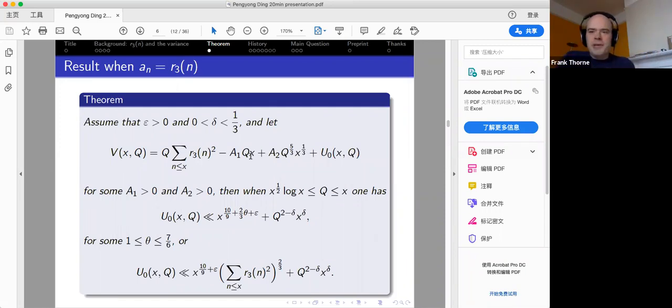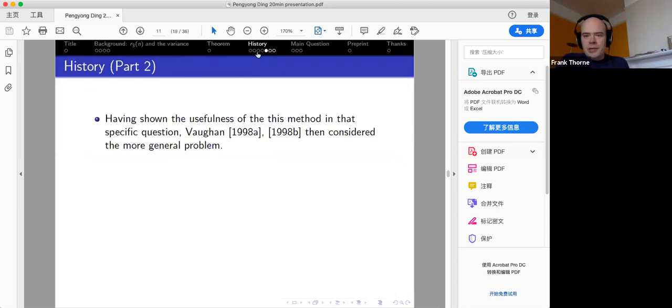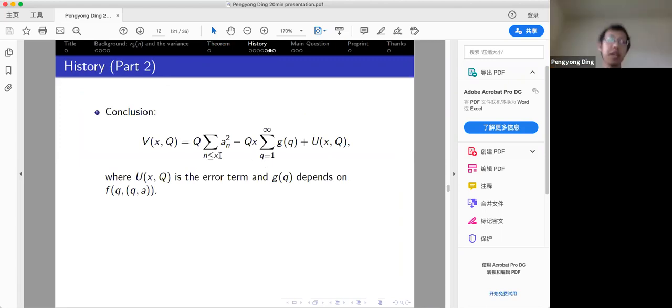I'm not an expert in the circle method, but in all the applications I've seen, you get one main term and then some error term. So where are multiple terms coming from? Actually, there should be at least 2 main terms. The first main term is q times the second moment sum, and the second main term in this question is given by Wang, by calculating SO6.